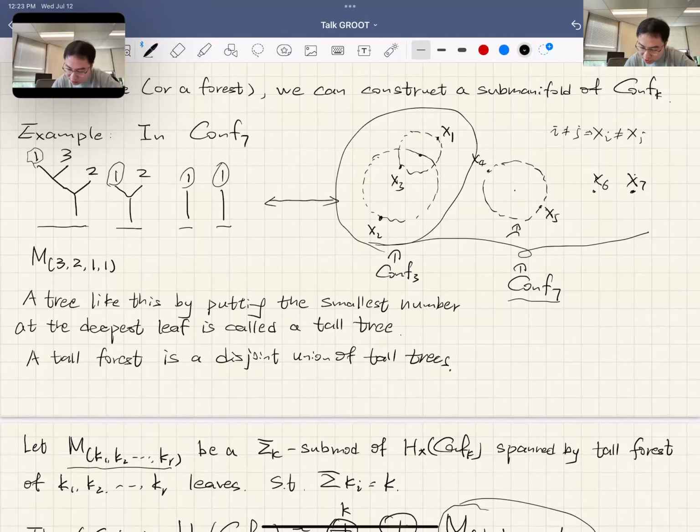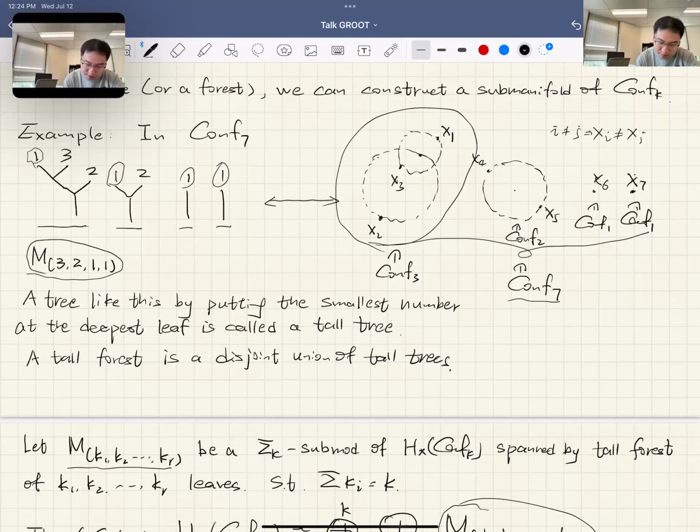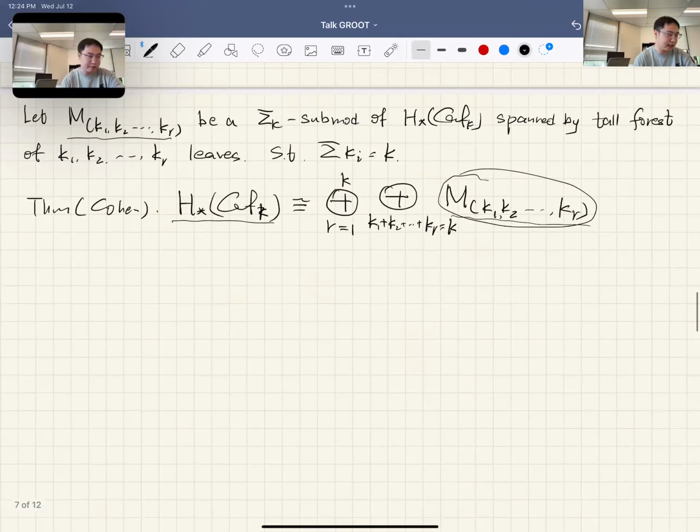This is actually in Conf 2. This is in Conf 1. So this is in Conf 1. So we can somehow decompose this module using smaller modules. So what do I mean by that?